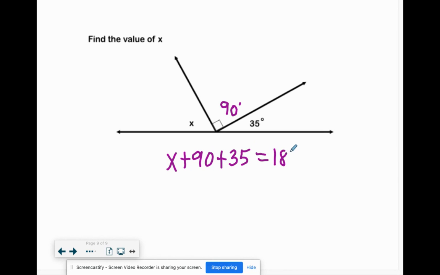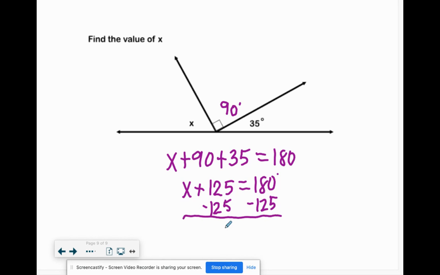So if we add our like terms, what's 90 plus 35? 125. Yep. Minus 125. 55.